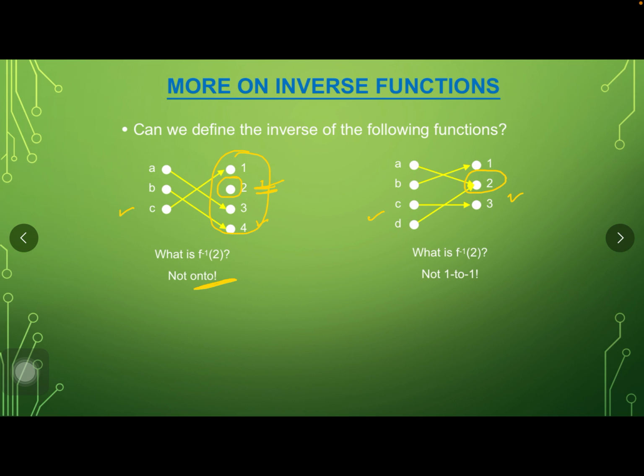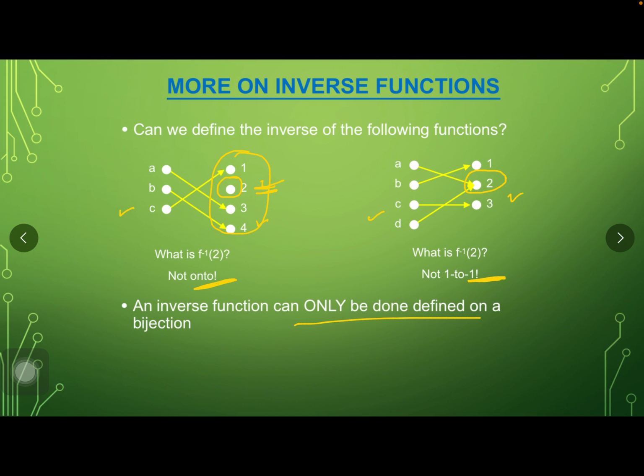No, because we have two elements that have two pre-images, and the inverse function must be a unique function, right? So this function does not have an inverse. Why? Because this is not one-one. The function must be one-one to find the inverse.